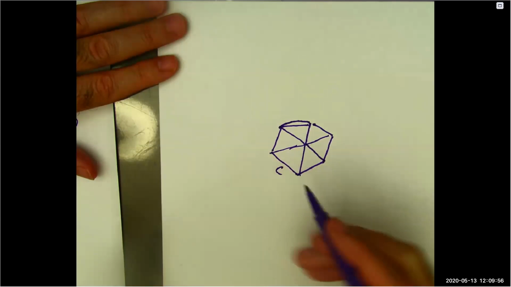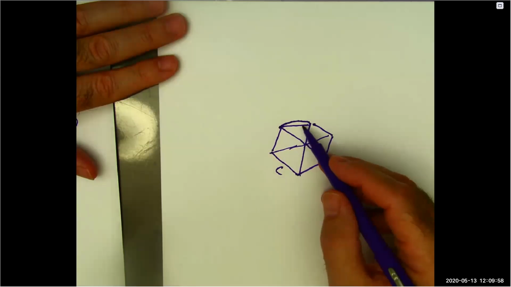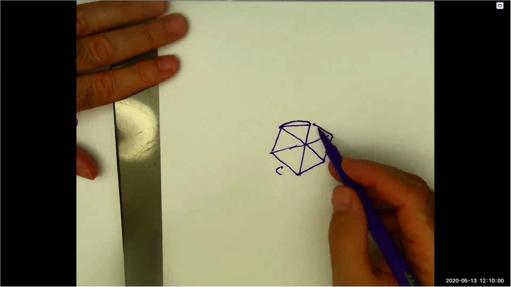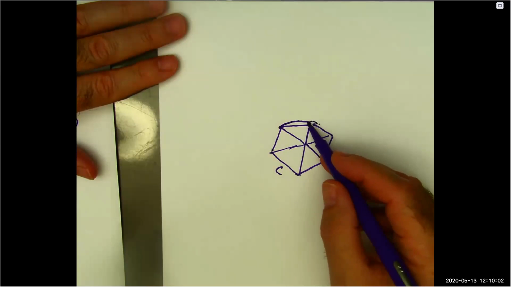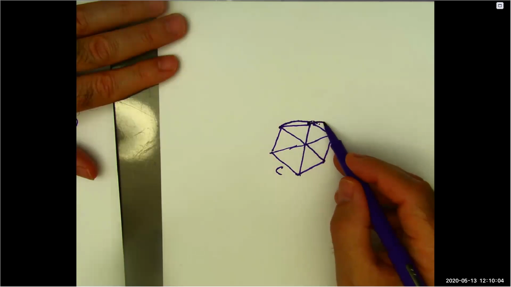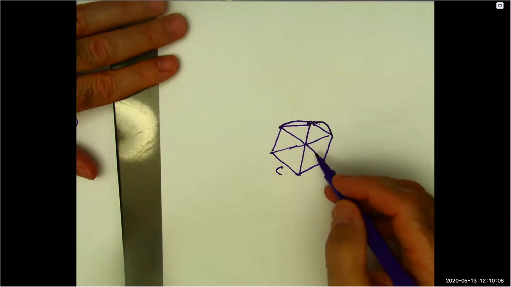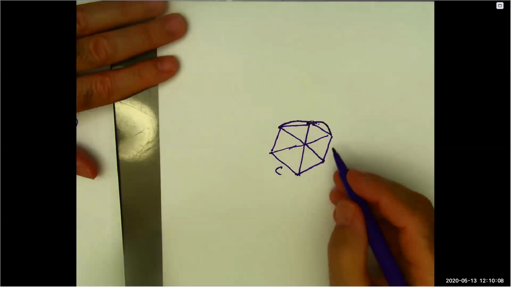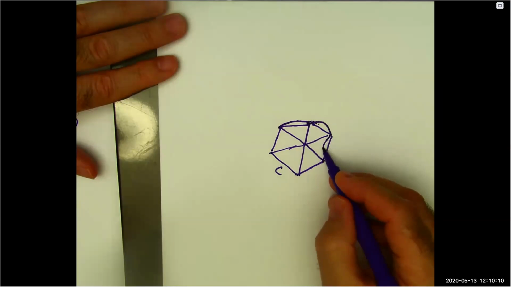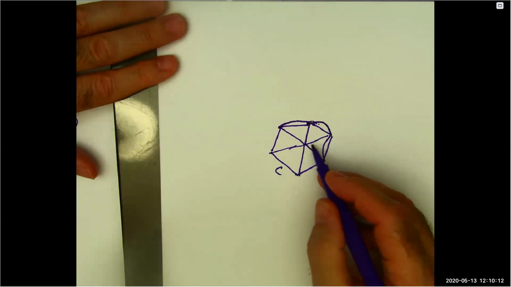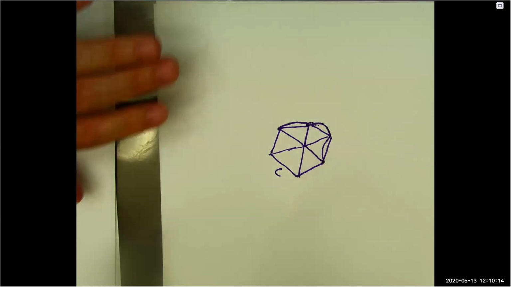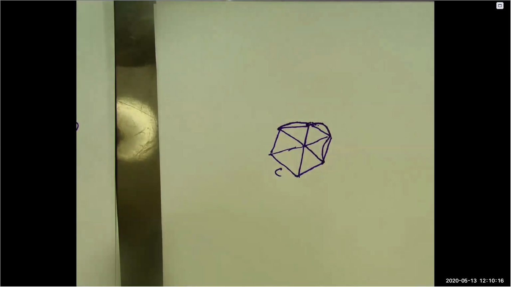You'd have some surface that has this boundary curve, and then another surface that has another boundary curve, and so on. The claim is not easy to prove, but it's nevertheless true.